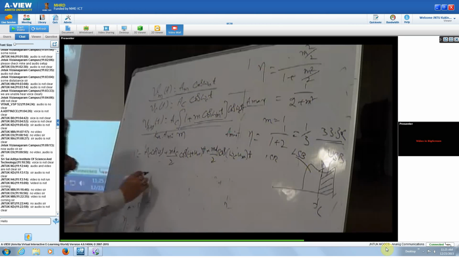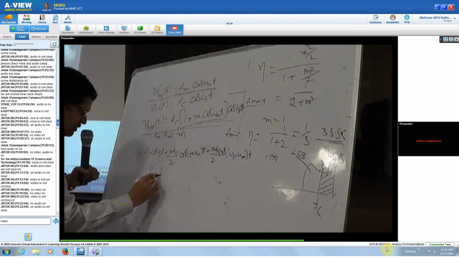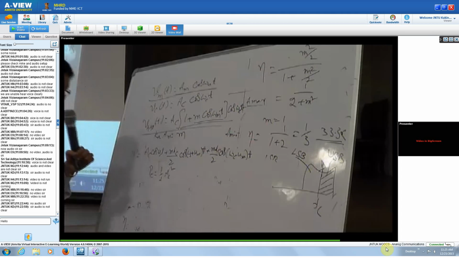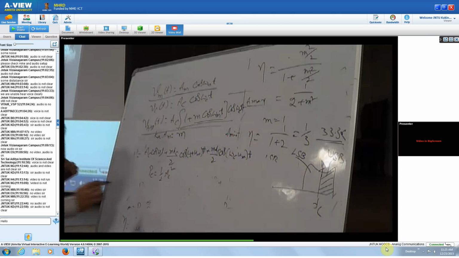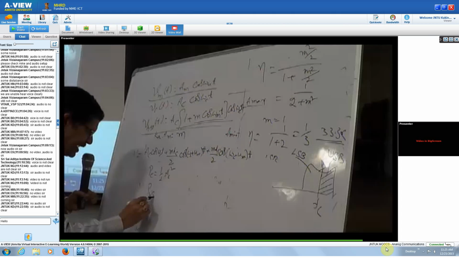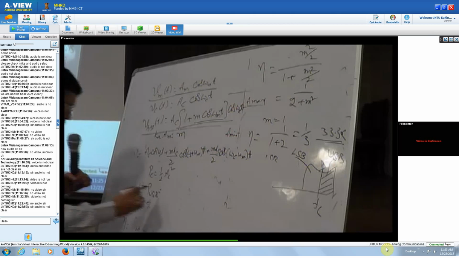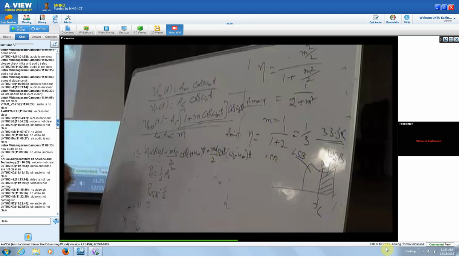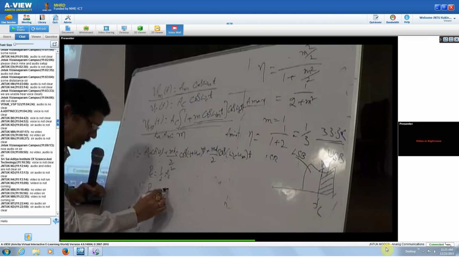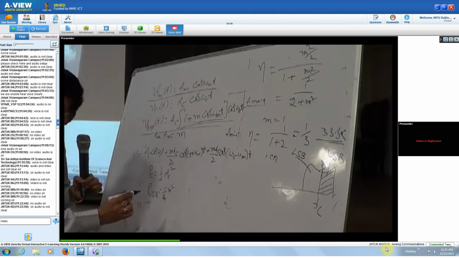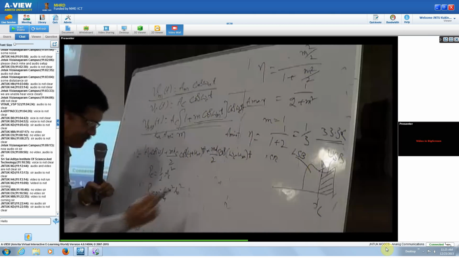Therefore, Pc is 1 by 2 Ac square. And what will be our P upper side band? It is 1 by 2, 1 by 4, m square Ac square.